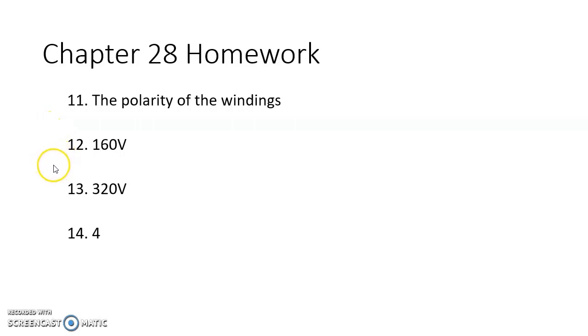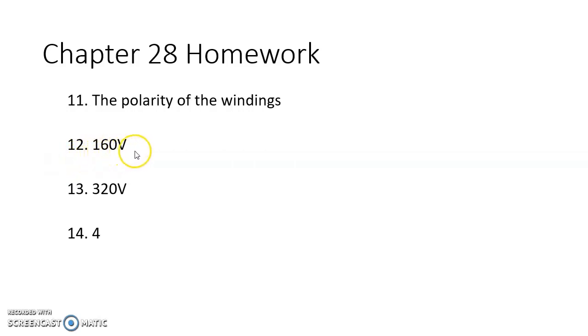Number 12, a transformer has a primary voltage of 240 volts and a secondary voltage rating of 80 volts. If the windings are connected subtractive, what voltage would appear across the entire connection?